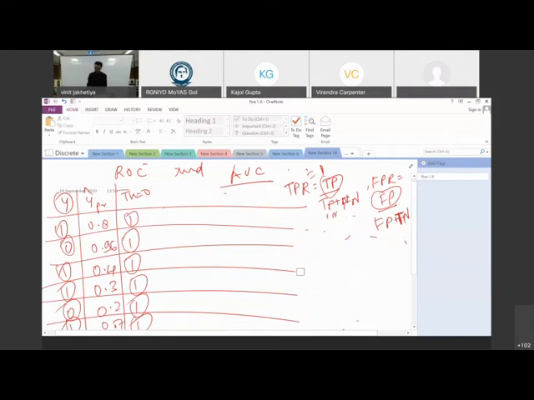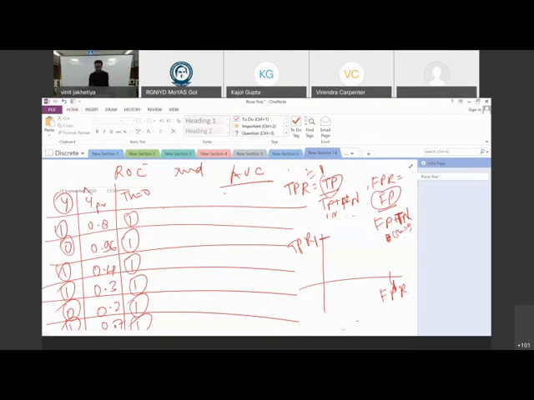So what we are going to do is plot a relationship between them, that means true positive rate against false positive rate. For threshold equal to 0, we are getting 1 everywhere. Now we will slightly increase the value of this threshold.